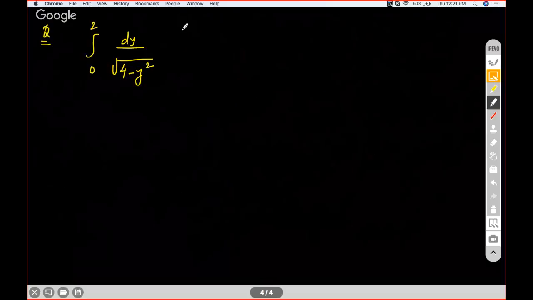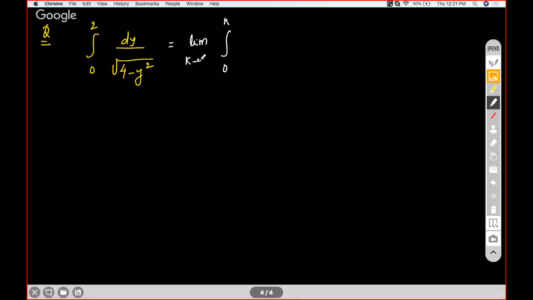At 2 it becomes problematic, right? So we'll take it from 0 to k, with the limit k tending to 2 minus.